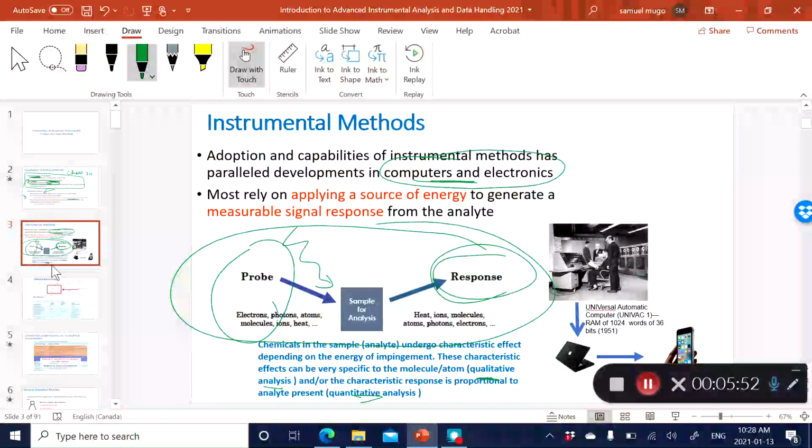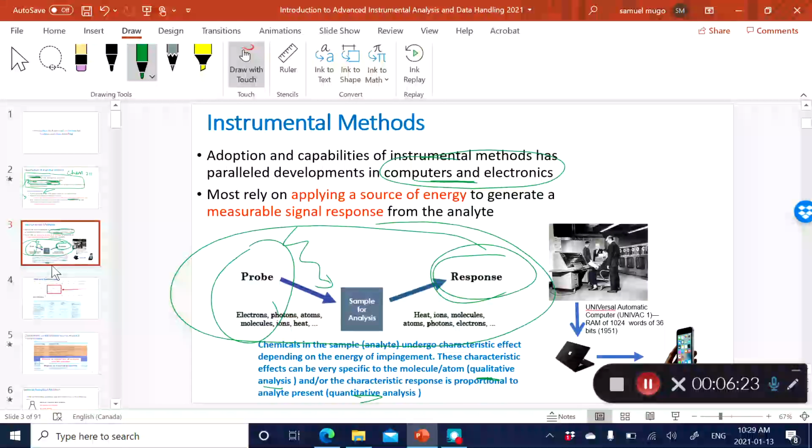Now remember, in most cases, this energy is impinging on the chemical, what you refer to as the analyte. The analyte is the chemical species of interest that is present in the sample, whatever you are interested in. And of course, we all know a molecule or an atom has electrons around the nuclei. And so most of this energy actually goes into perturbing those electrons.